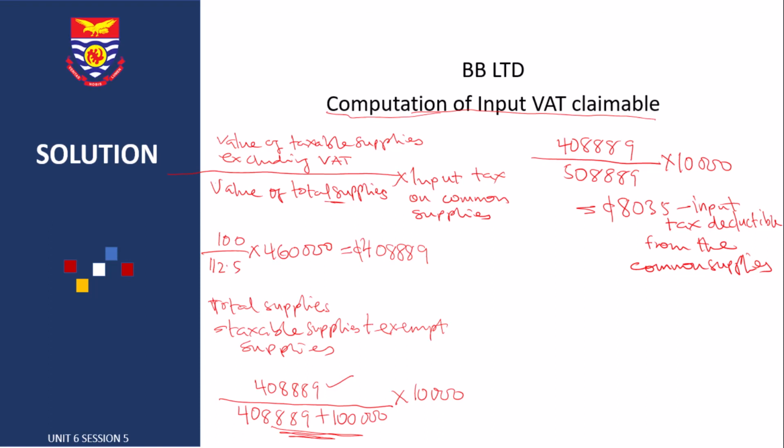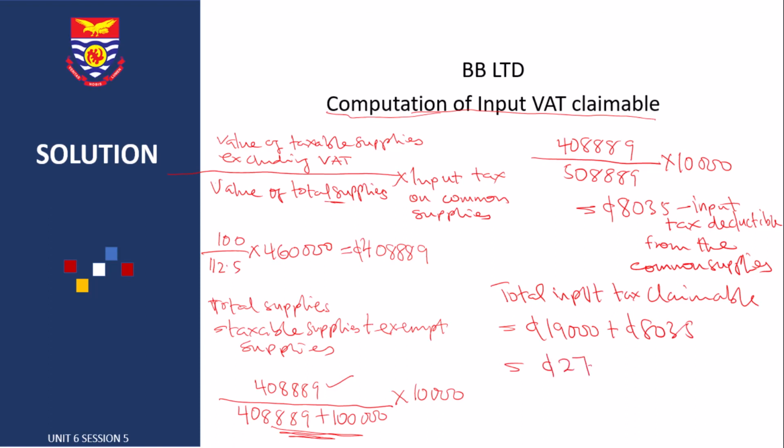Remember, in the question we had input on taxable supplies to be 19,000. So we are going to add it to the 8,035. So we have total input tax claimable is equal to 19,000 plus 8,035, and this is giving us 27,035.